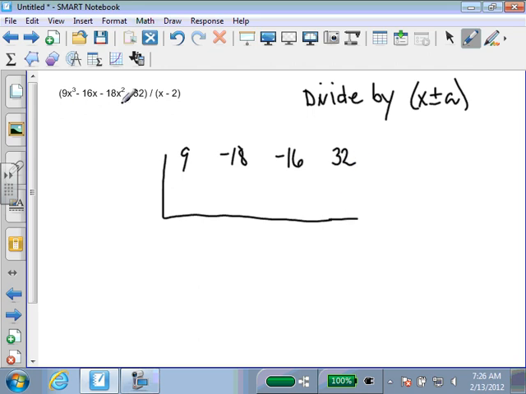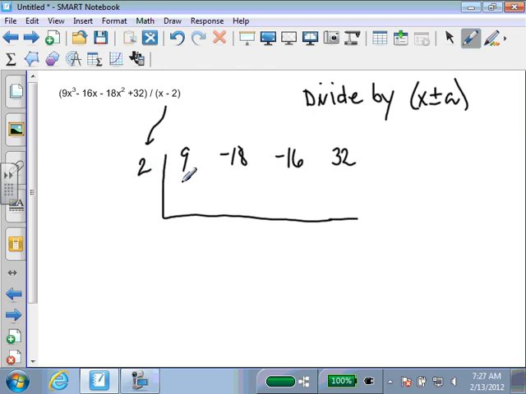If there were any terms missing, like we have a third power, a second power, a first power, and a constant, if any one of those is missing, we would need to fill in a 0 placeholder in order to do synthetic division, because essentially this is saying we have an x cubed polynomial. What goes over here is the 0 that goes with that factor. So if x minus 2 is a factor, that means the 0 is at positive 2.